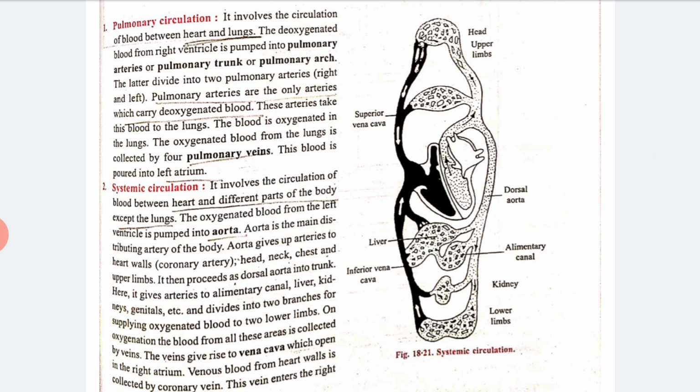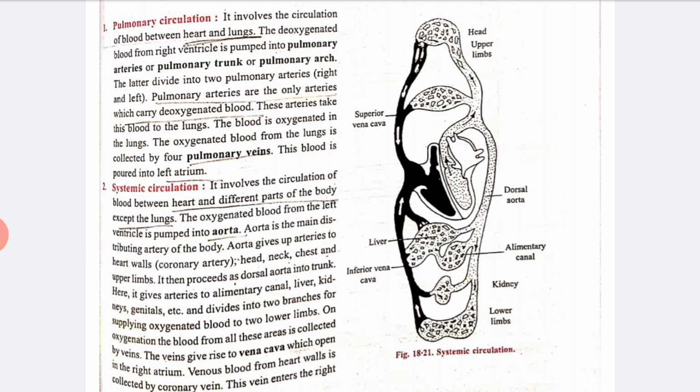The oxygenated blood from the left ventricle is pumped into the aorta, and the aorta is the main distribution artery of the blood. The aorta gives arteries to the heart wall, known as the coronary artery, and to the head, neck, chest and upper limb. Then it proceeds as the dorsal aorta into the trunk.